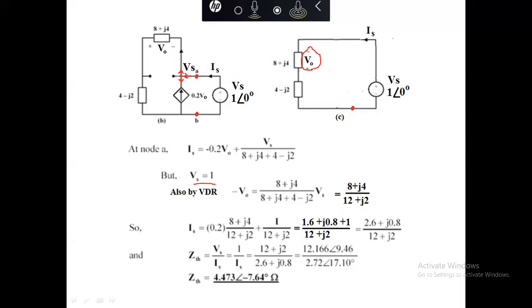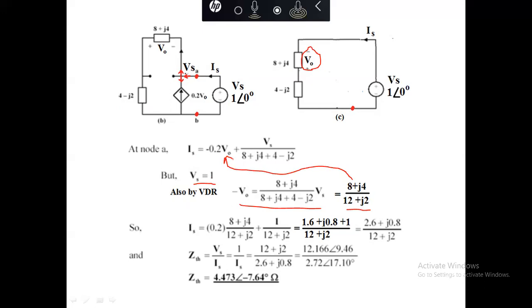We are only considering this network, because at this point the potential is the same Vs, and we apply the voltage divider rule to find the value of V out. With the voltage divider rule, we will have this value of V out here.